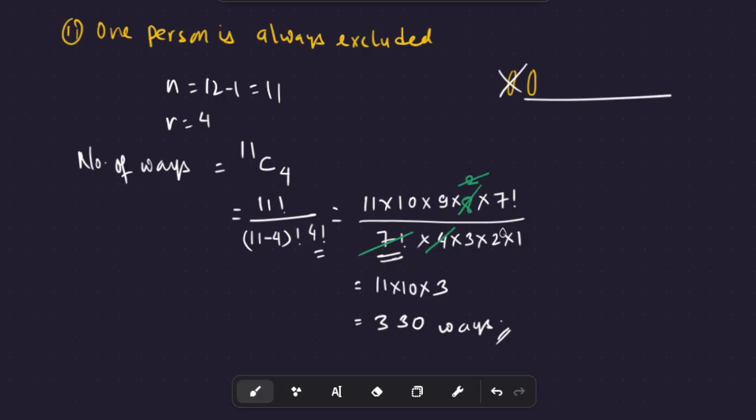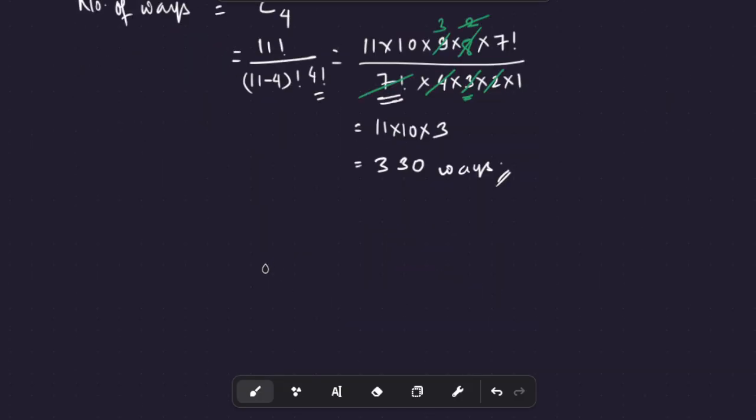This 2 cancels this 2. Now this 3 also cancels this 9, right? 3 threes are 9. Now 11 times 10 times 3. 11 times 10 times 3 is 330 ways. 330 total number of ways.